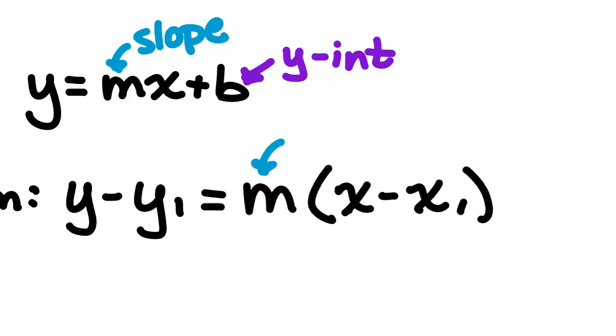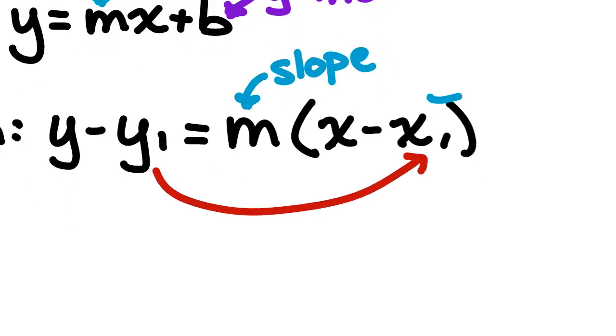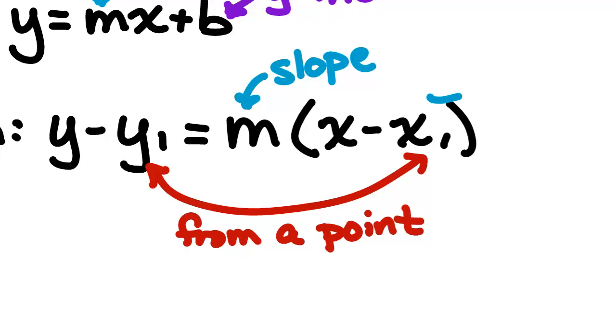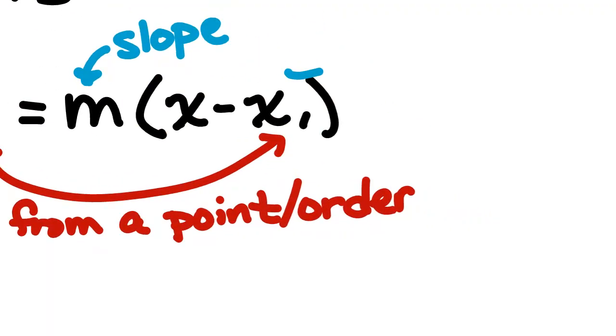Again, m is your slope. X1 and y1 are from a point or an ordered pair that you're given. You do not replace the x and the y, you replace the x1 and y1.